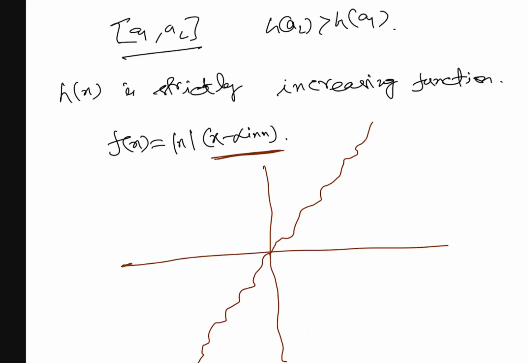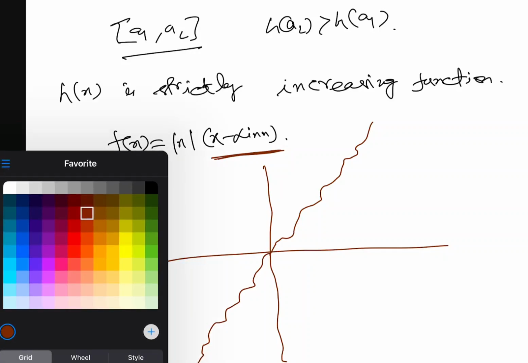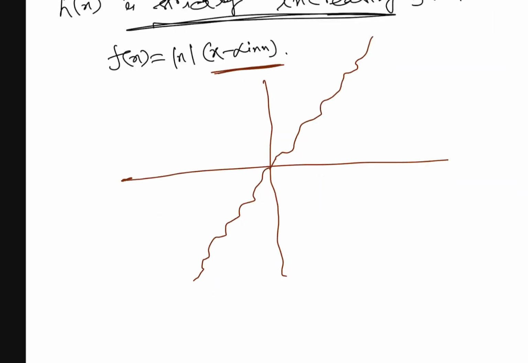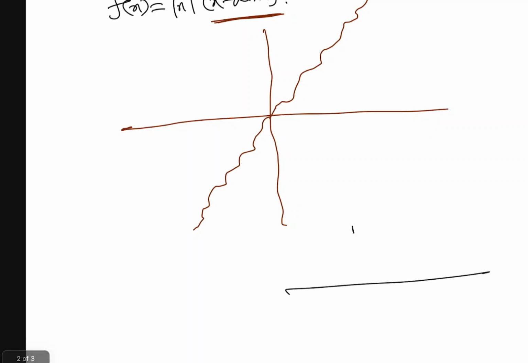And students, this term strictly increasing or strictly decreasing is very important, it has a very important geometrical significance for a function to be one-one. Because if we consider a function which is not strictly increasing or strictly decreasing, it will look like this. Then if we draw any line parallel to the x-axis, it will cut this graph at more than one point.